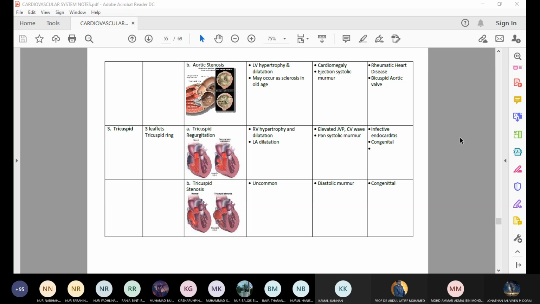So you will see this type of patient with fever, with signs of infective endocarditis, and also tricuspid regurgitation. Okay, you have to know this condition.